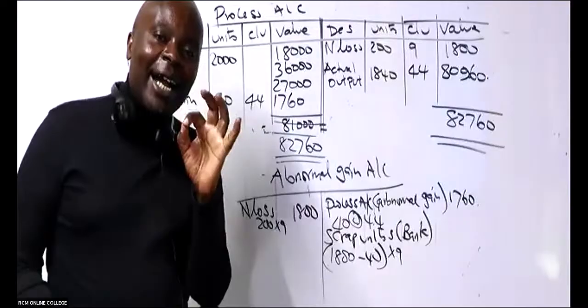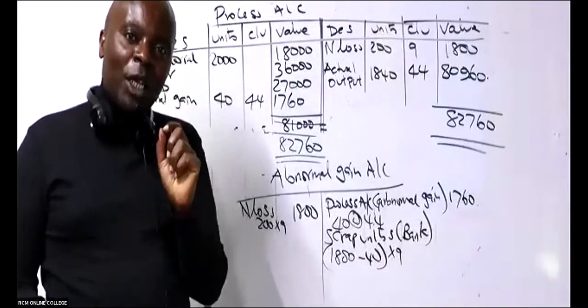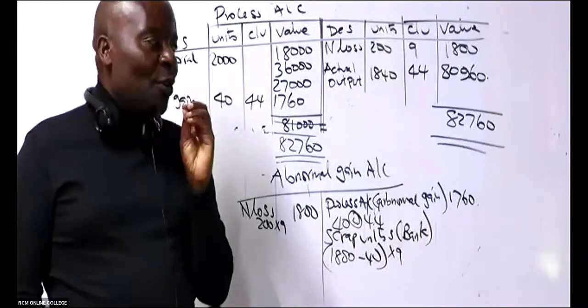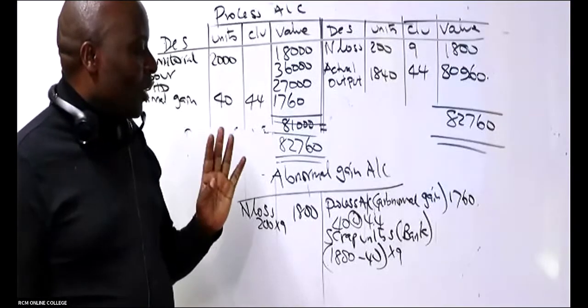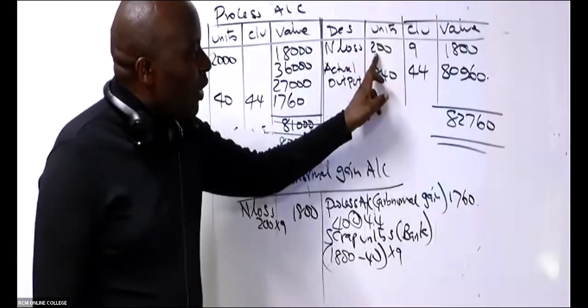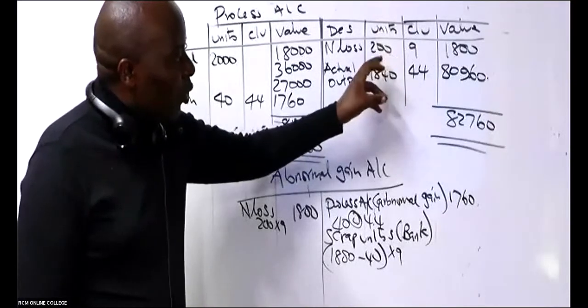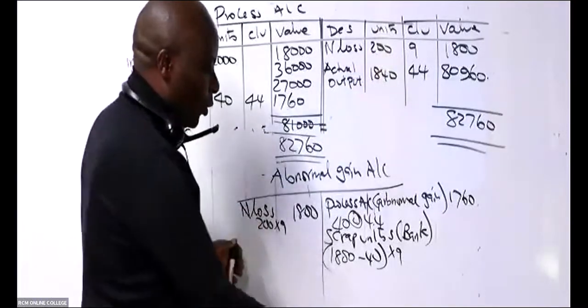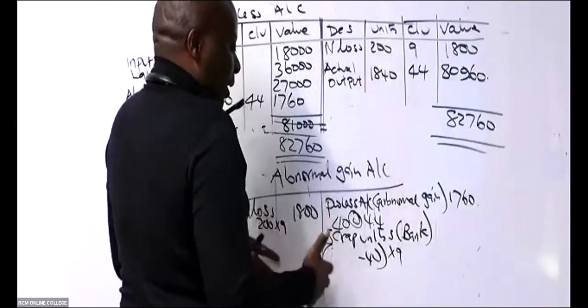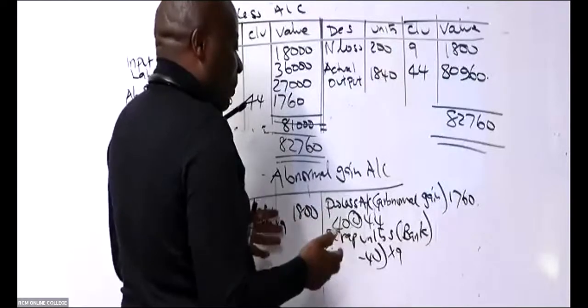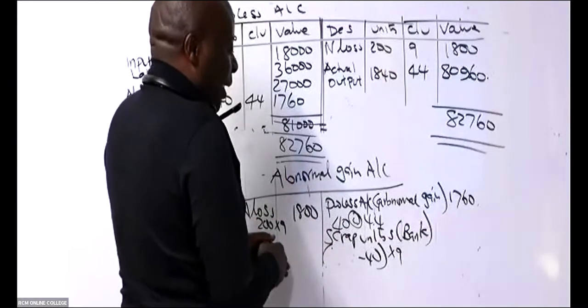Because you see, as process costing experts, we expected the unit loss here to be 200. Sorry for that, I was picking the value. We expected the loss to be 200. But we accidentally, we never expected this, but there is a good accident that happened and we saved.